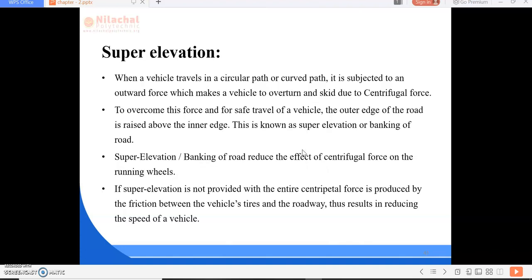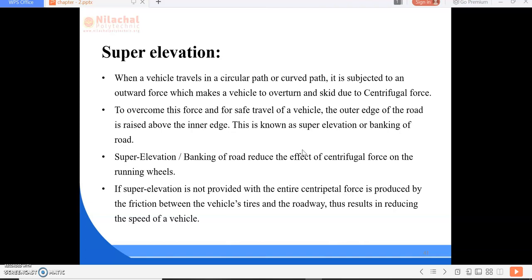Next one is super elevation, the most important factor. When a vehicle travels in a circular or curved path, it is subjected to an outward force due to centrifugal force, which can make the vehicle overturn and skid. To overcome this force and for safe travel of a vehicle, the outer edge of the road is raised above the inner edge.